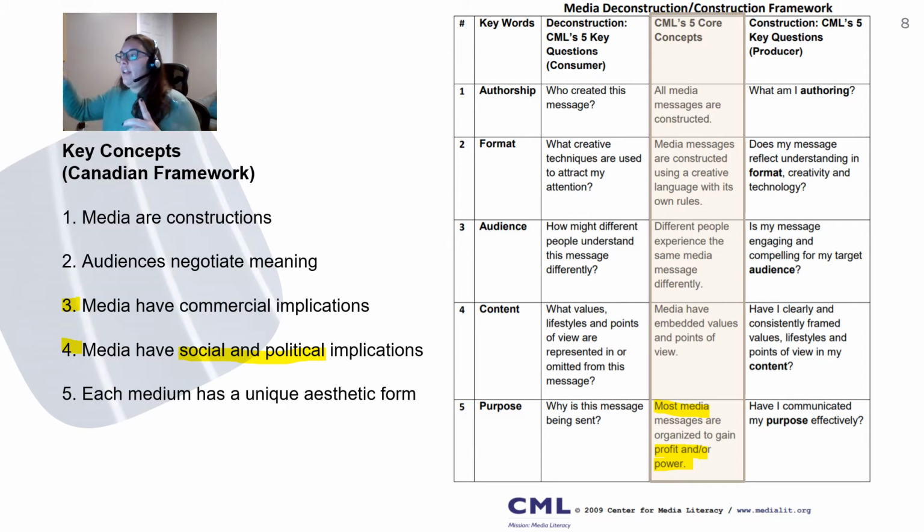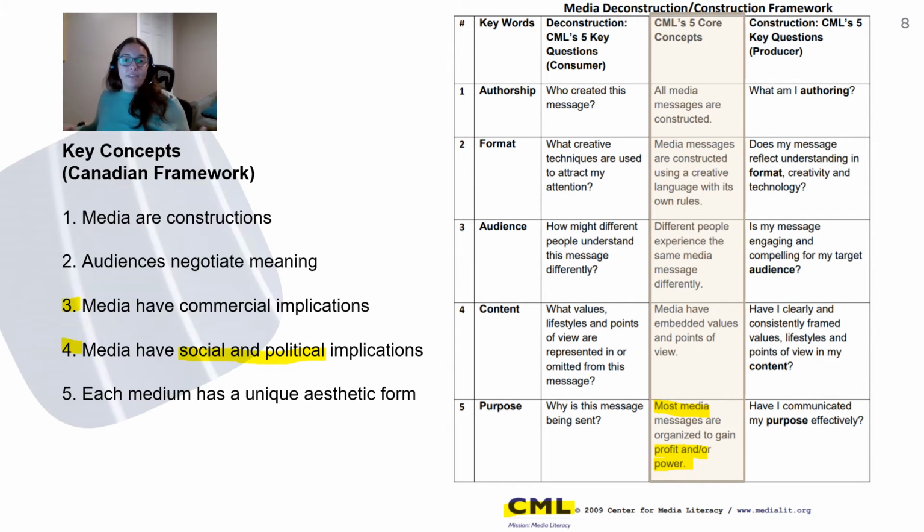So that's why I like this framework better. It was proposed by the CML, Center for Media Literacy. It's a US-based organization, and of course, the Canadian framework is older. It has more time, and a lot of the principles relate to the Canadian one.